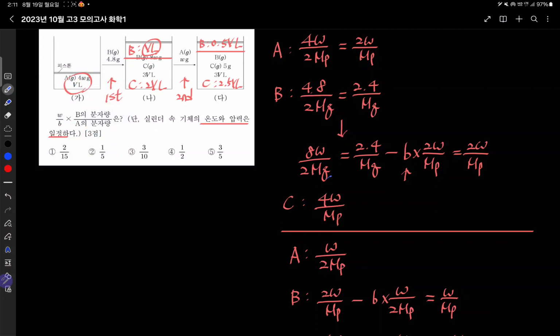So if we solve this proportion, MQ is 2 times MP.